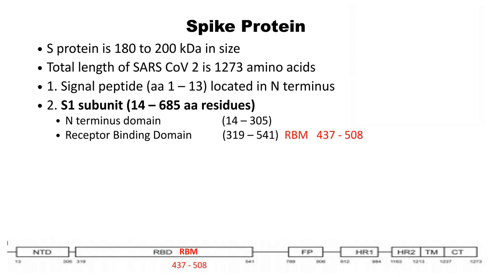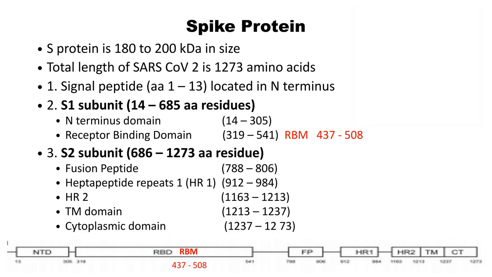One is the S1 subunit, which has the receptor binding domain, and within the receptor binding domain is the receptor binding motif, which binds to the ACE2 receptors. Then there is the S2 subunit, which has the fusion peptide.